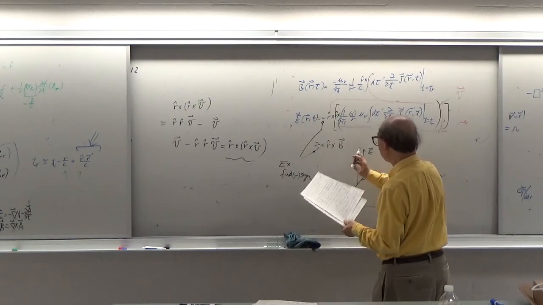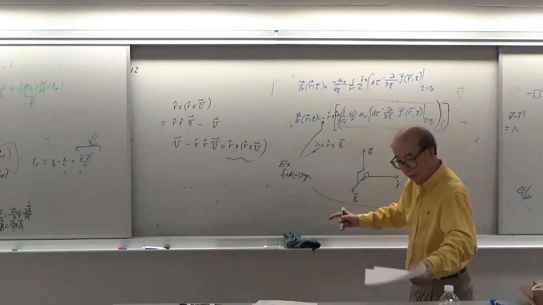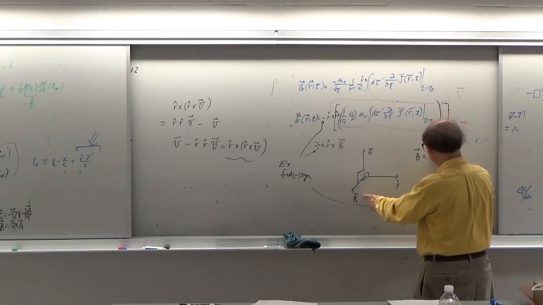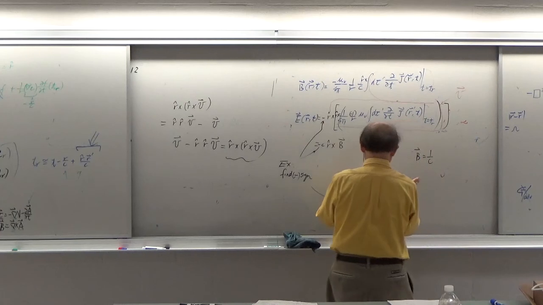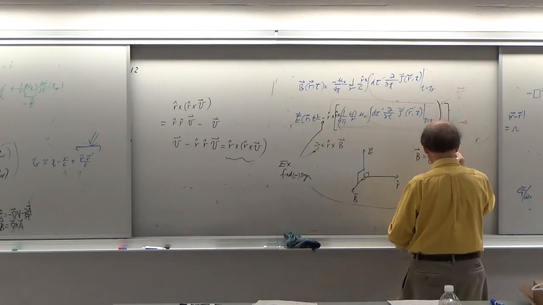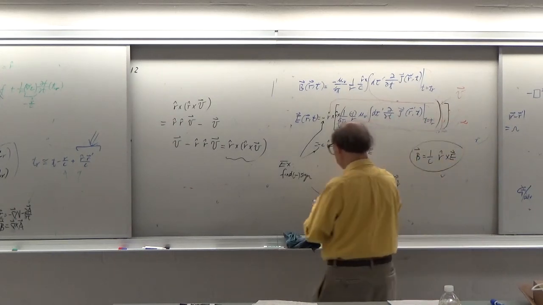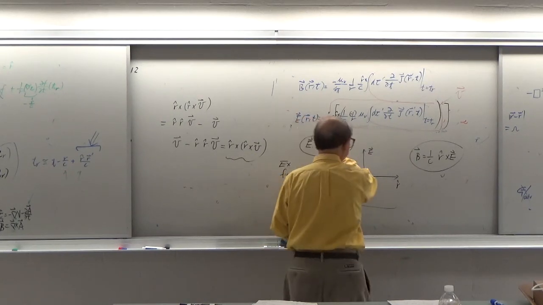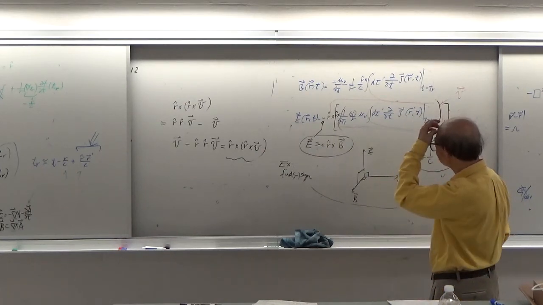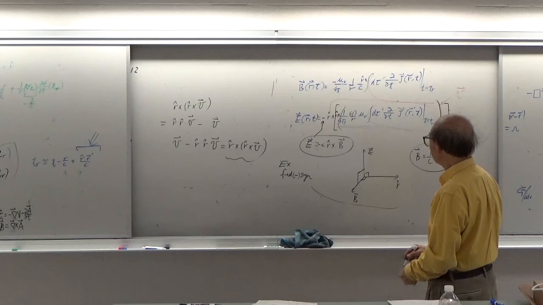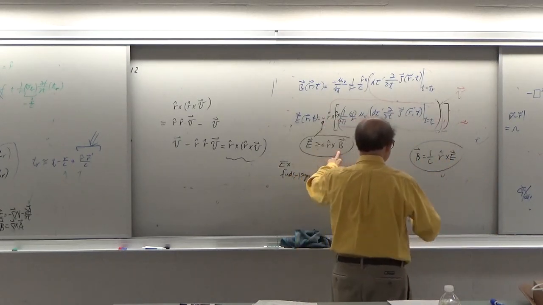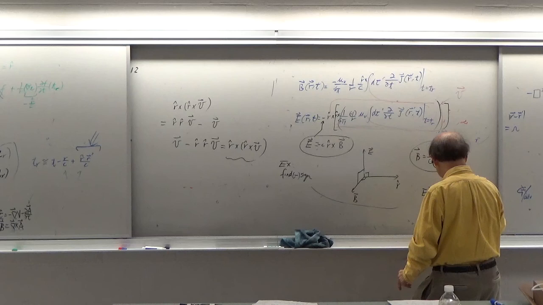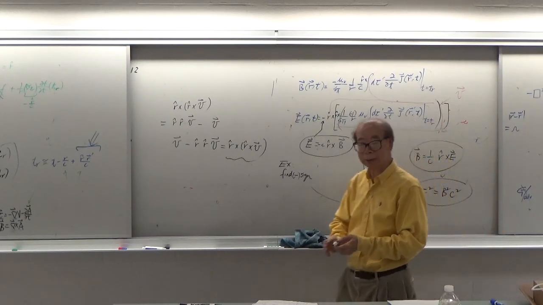You will find B in terms of E. So over here, B is related to E by a factor of 1 over C, and B is given by r cross E. So since E is related to B in this fashion, magnitude-wise they're the same, so that E squared is equal to B squared times C squared. They're of the same amplitude.